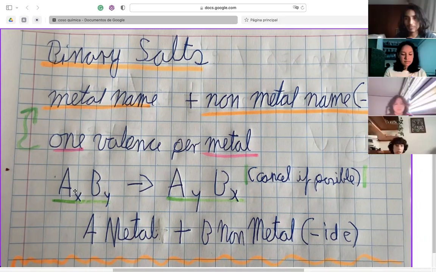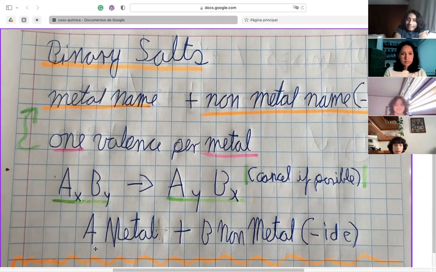Then you must write the AXBY formula and write it another time with Y, B, and X. And if you have the possibility, you should cancel it, but only if it's possible. Once you have that, you are left with the formula of the binary salt.